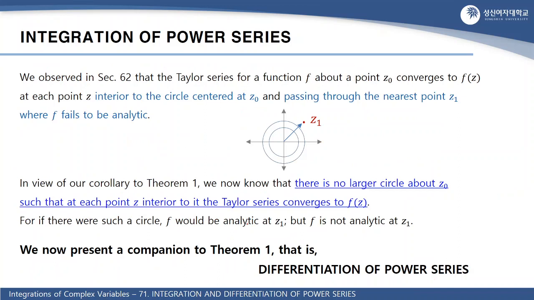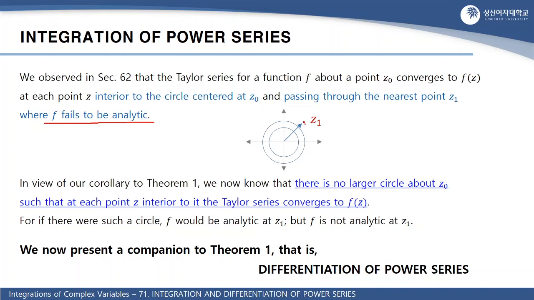We observed in section 62 that the Taylor series for a given function f about a point g0 converges to f of g at each point g interior to the circle centered at g0 and passing through the nearest point g1 where f fails to be analytic.